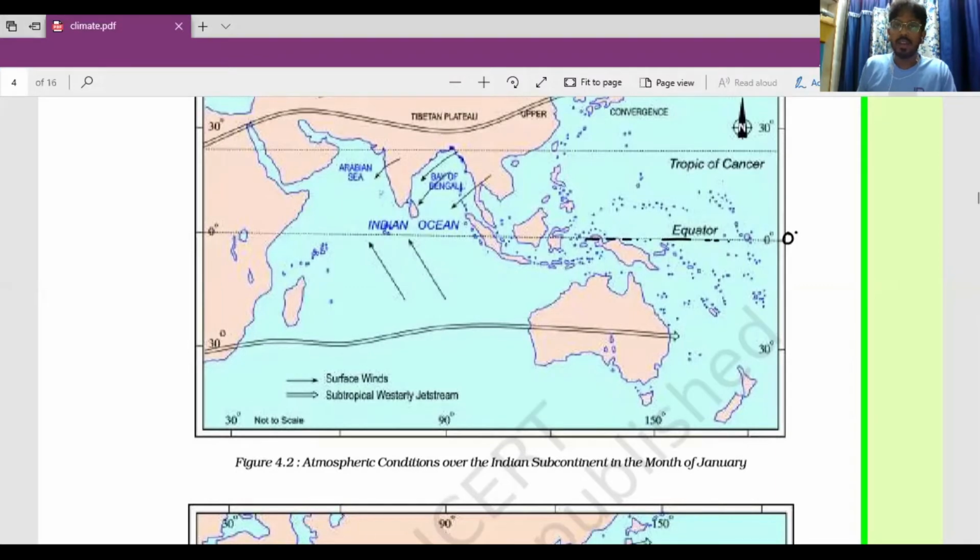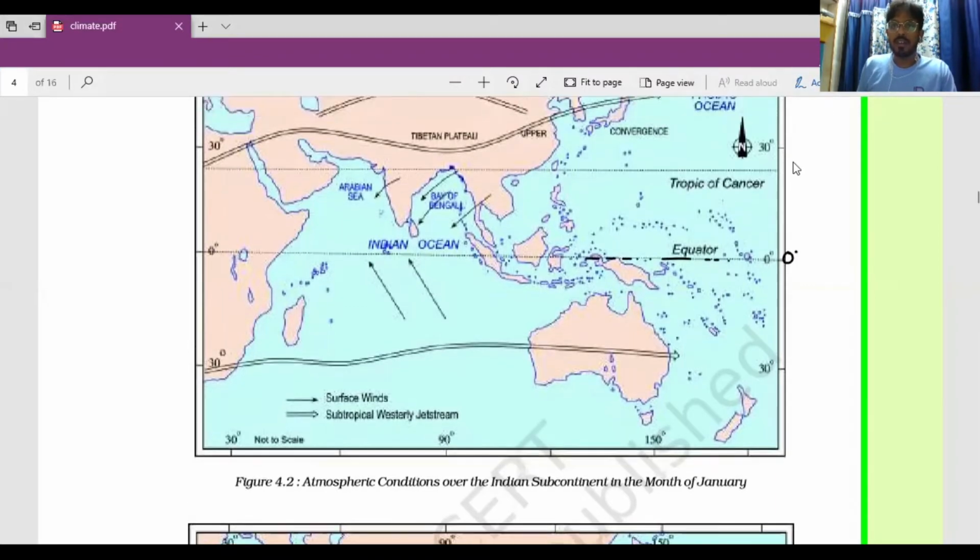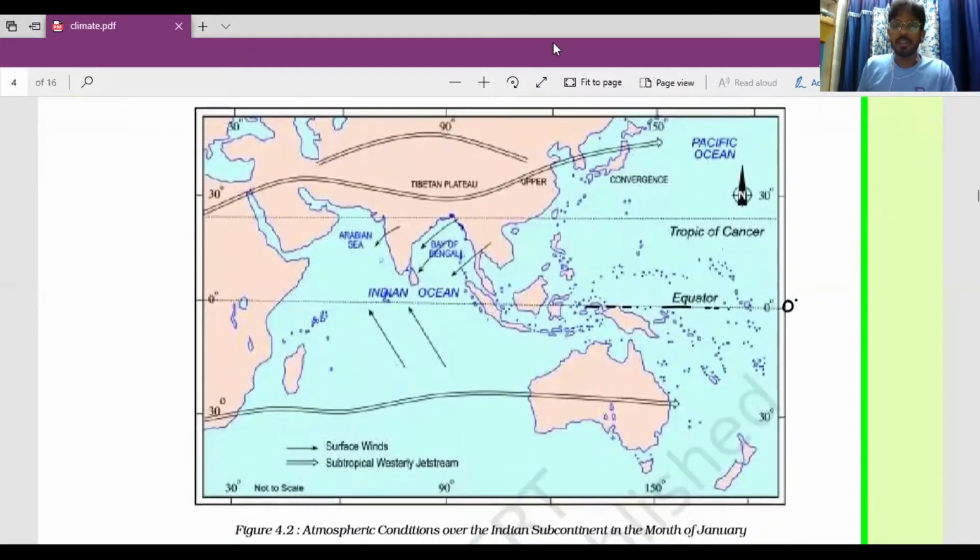And in January, what is there? It is winters. So what happens in winters? The sun is at its actual place, that is at 0 degrees only. Its sunlight directly falls on the equator, right?